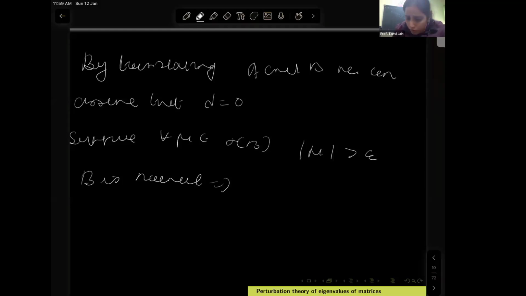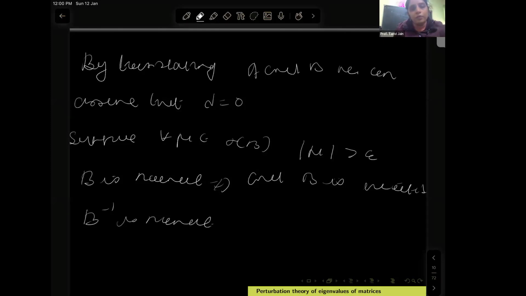My B is invertible, because any matrix is invertible if and only if it does not have 0 as an eigenvalue. B is normal and invertible, so B inverse I can talk of. Will B inverse also be normal? Yes, B is normal, therefore B inverse is normal.